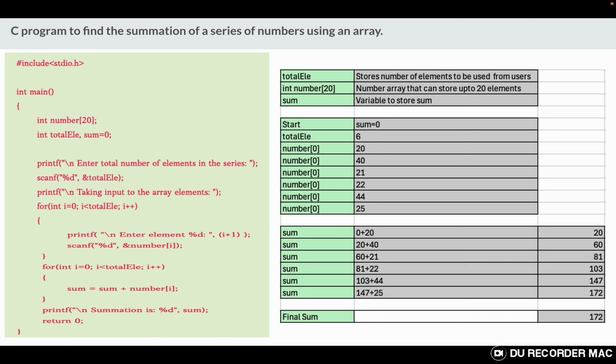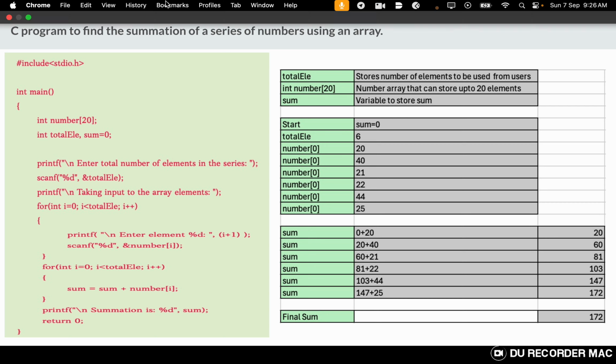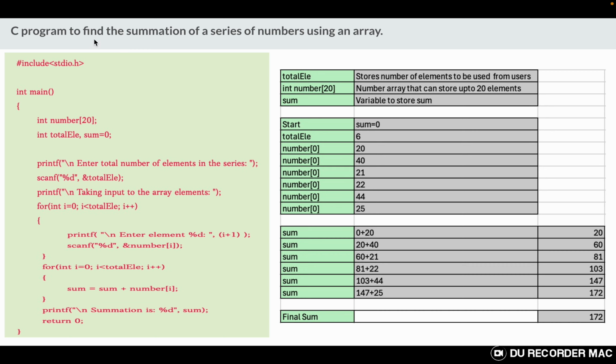Now we move to another example. This is also one of the classic examples present in the textbook. This program is used to print the sum of all the numbers of an array.